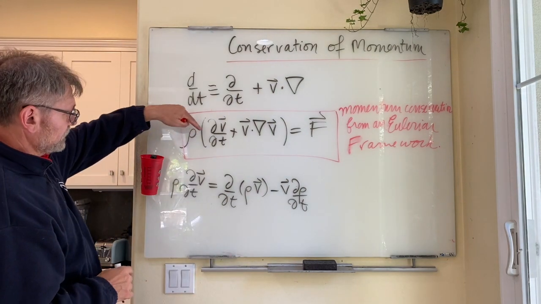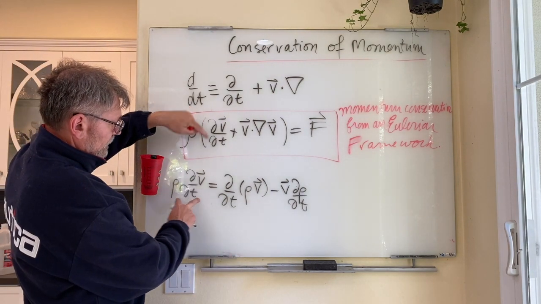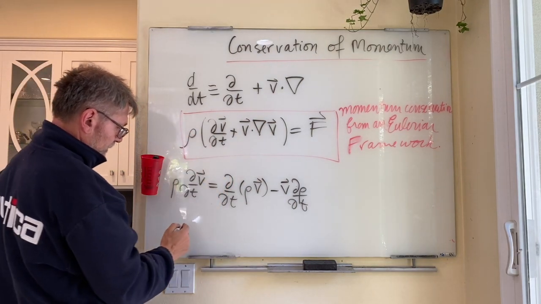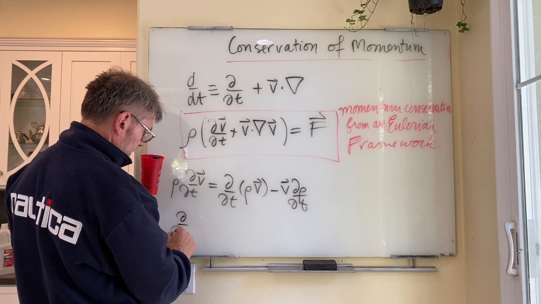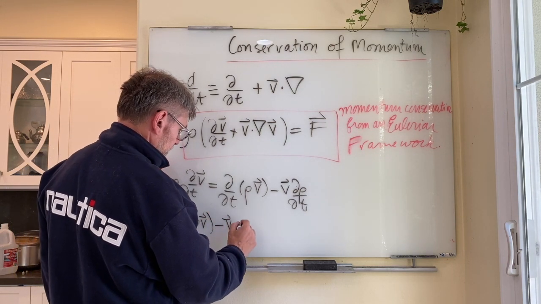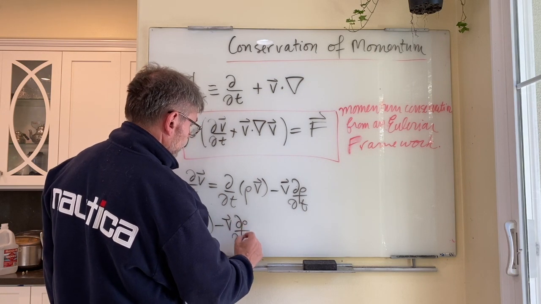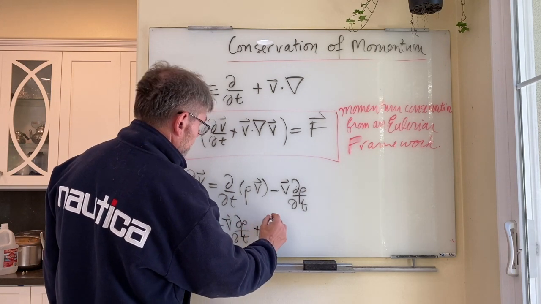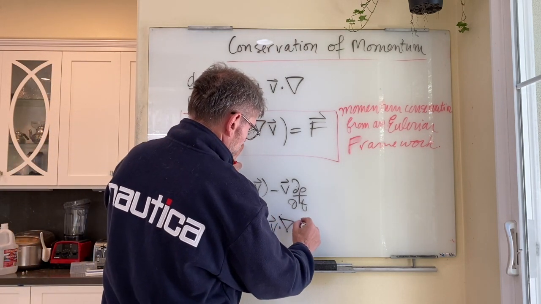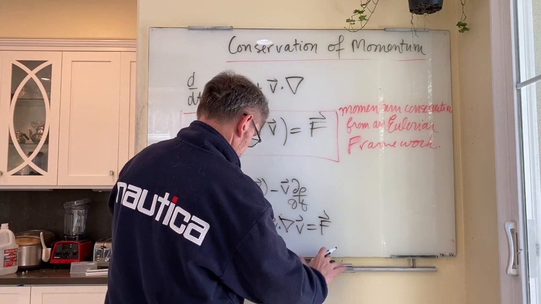All right, so then I can substitute this expression instead of this term. So what I'm left with is partial t of rho v minus v partial rho partial t plus rho v dotted with gradient of v is equal to f.